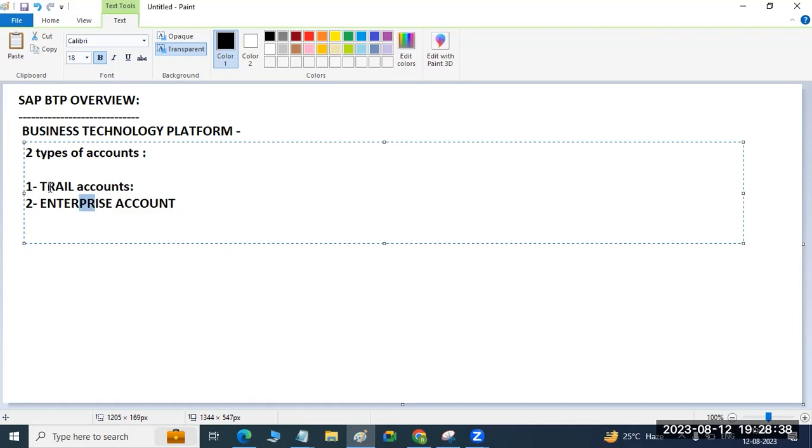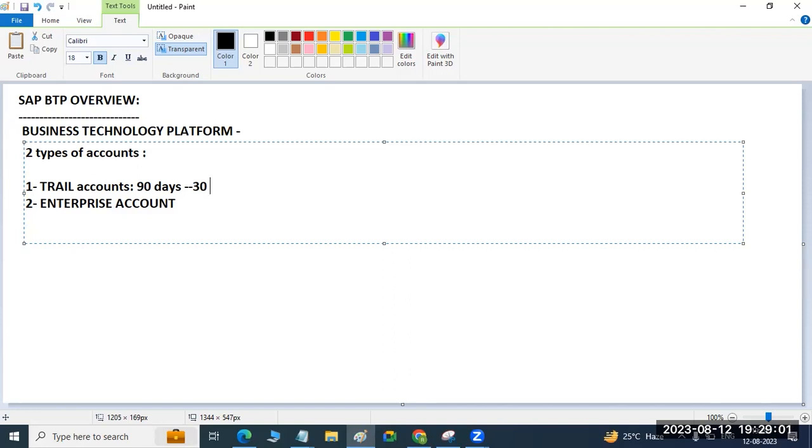Just for training, POC, and demo purposes, you can use the trial account, which is valid for 90 days. But if you don't use it within 30 days, your account will be deactivated.